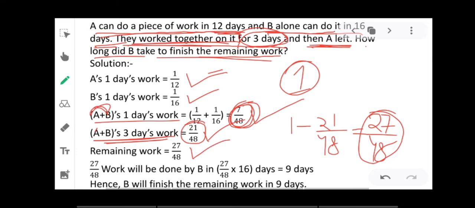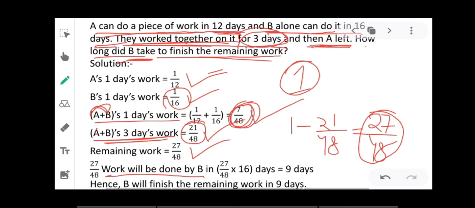Okay, and this work will be done by B only. B's 1 day work is 1 upon 16. So 27 by 48 work will be done by B in how many days? The total work divided by B's 1 day work.